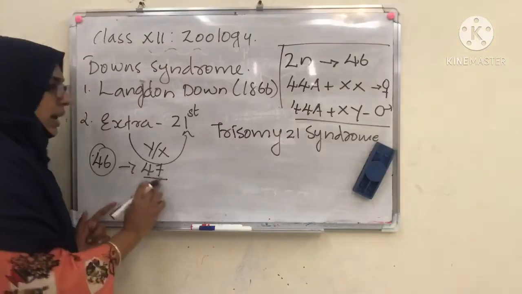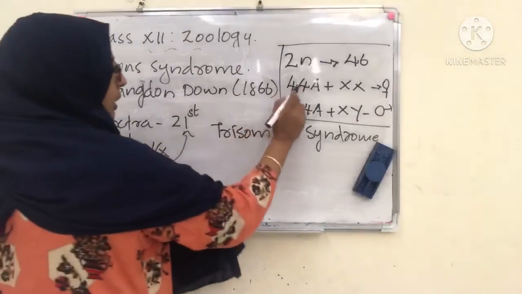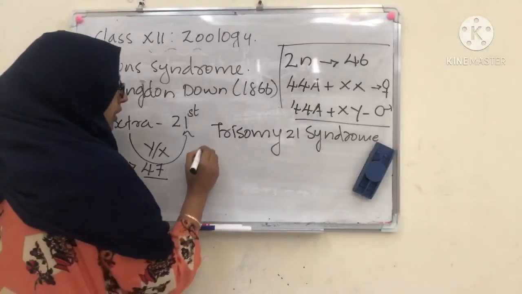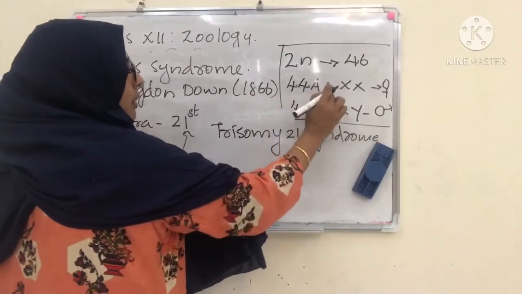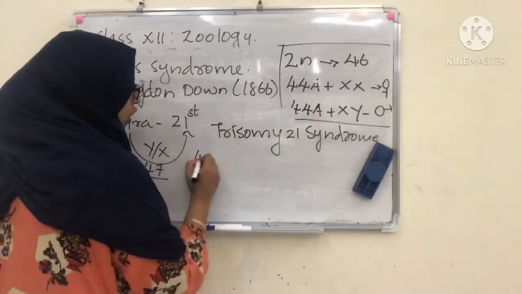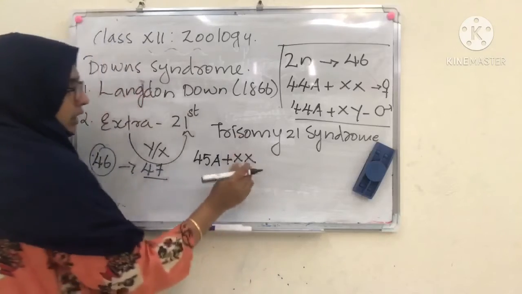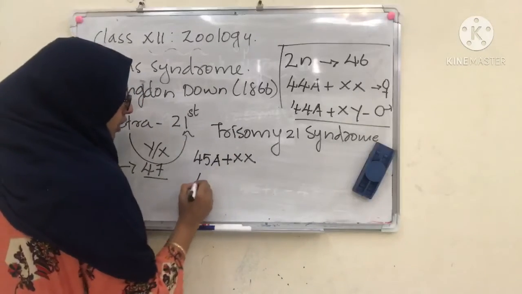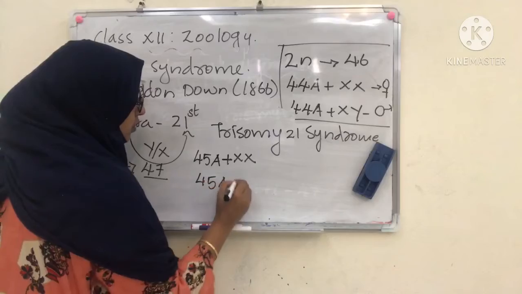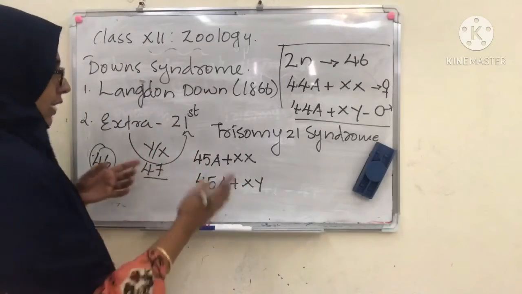Normally we write 44 autosomes plus XX. If Down syndrome affects a female, their chromosome number will be 45 autosomes with the sex chromosomes. So altogether they have 47, isn't it?